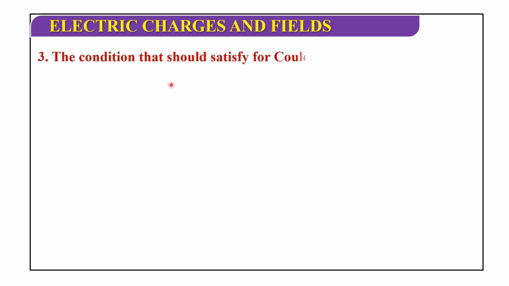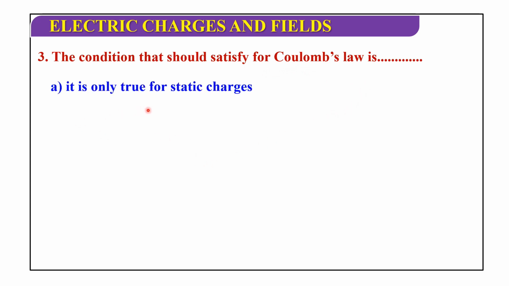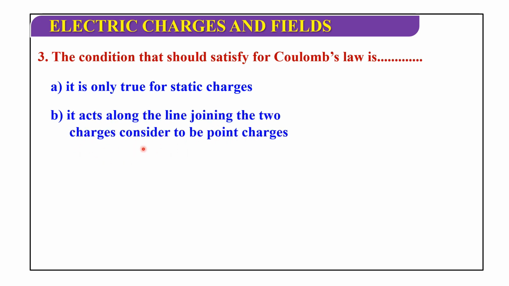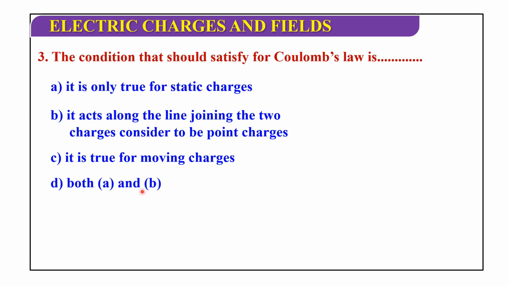The condition that should be satisfied for Coulomb's law: it is only true for static charges, it acts along the line joining the two charges considered to be point charges, it is true for moving charges, or both A and B. So the condition that should be satisfied for Coulomb's law is both A and B. So first, it is only true for static charges, and it acts along the line joining the two charges considered to be point charges.